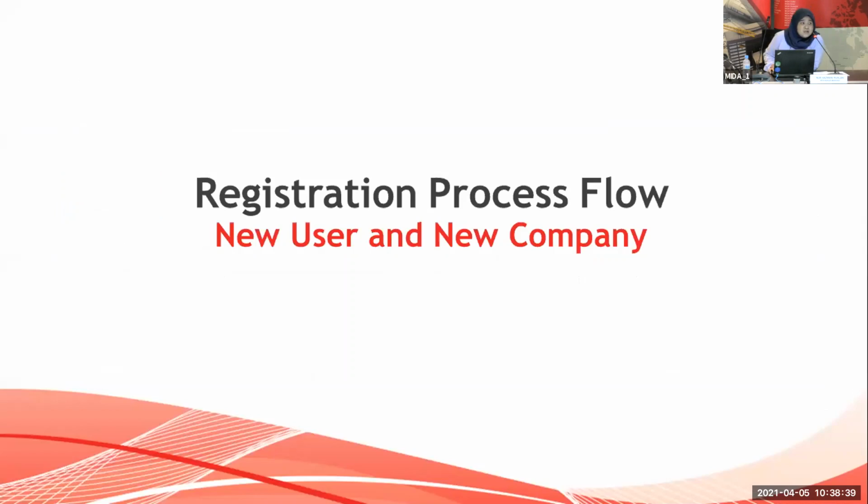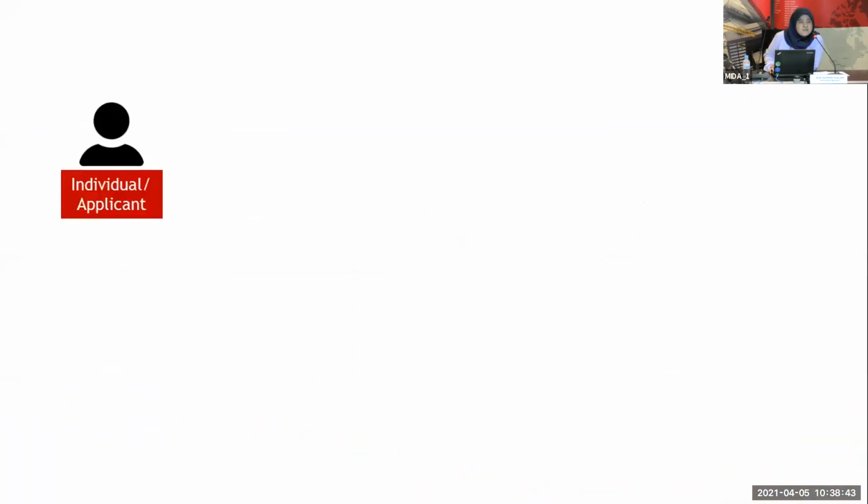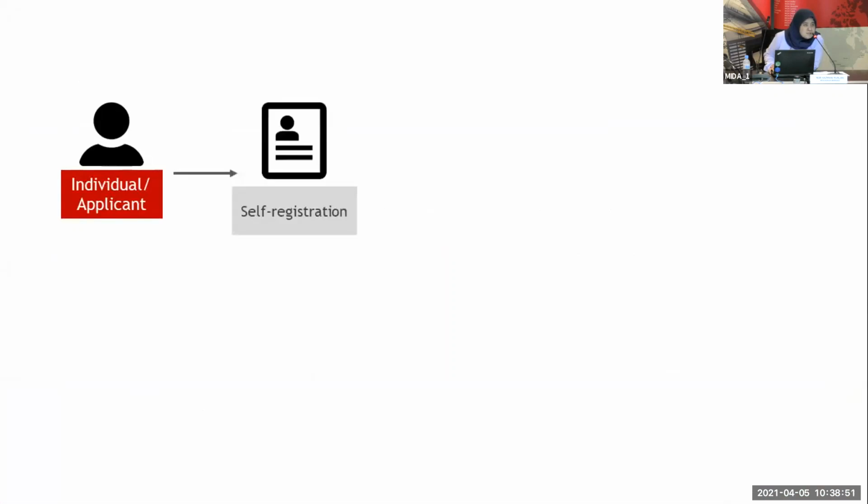Okay, next we will cover the registration process flow for new user and new company. This is the basic process flow for a new user, new contact person. The individual applicant has to do a self registration. Once they complete the user registration form, they will receive the verification email.